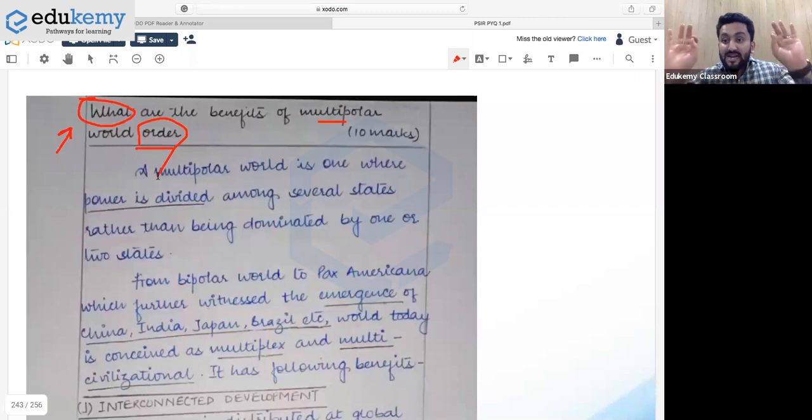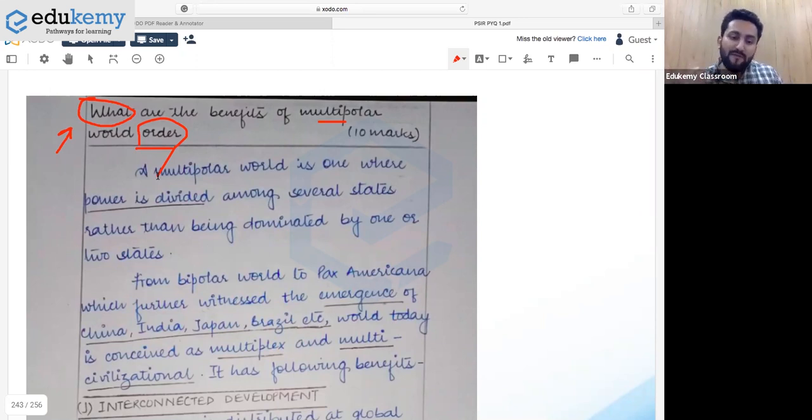It means interaction between these nations in international politics is based on a predetermined framework which we call order. So this is the broad definition of the word order.